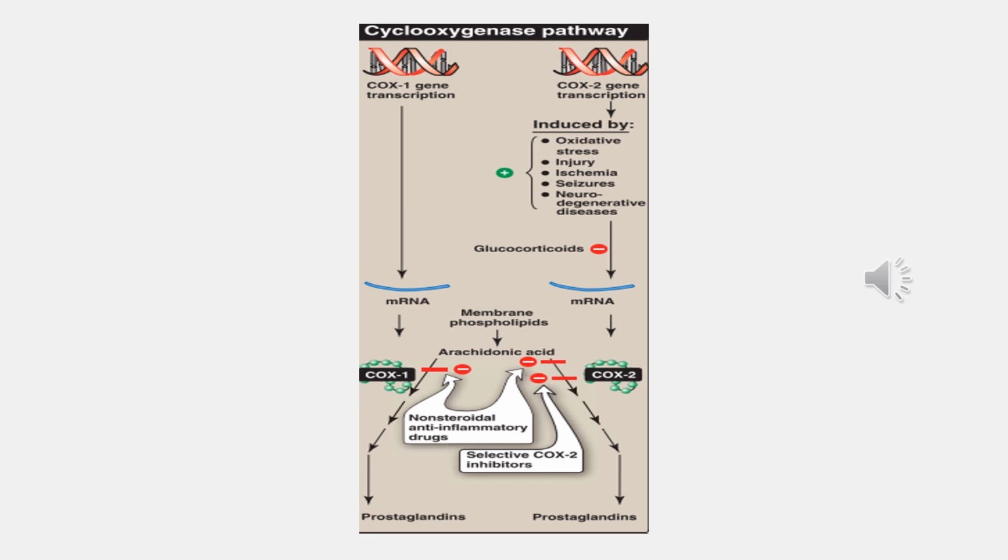After these conditions, the transcription and translation occur, and the COX enzymes will be produced. So now you have these enzymes, COX-2, COX-1, and other isoforms in the cell membrane, and your body is under stressful conditions.